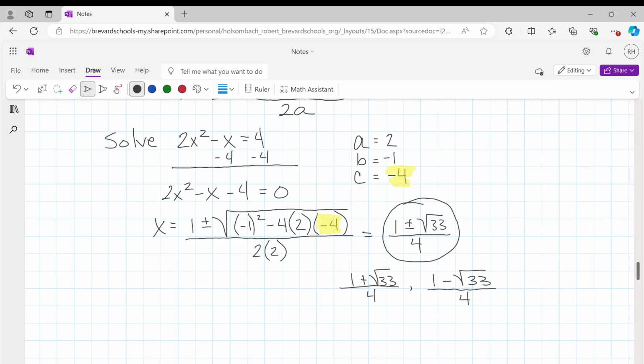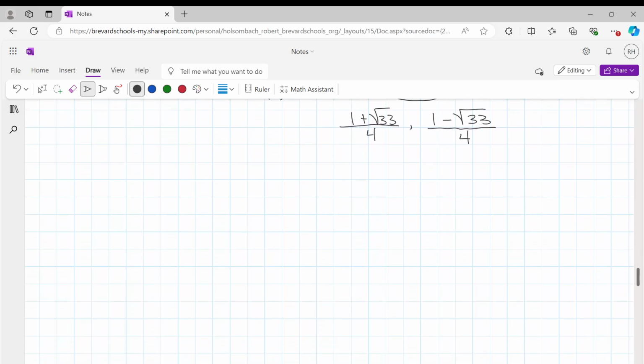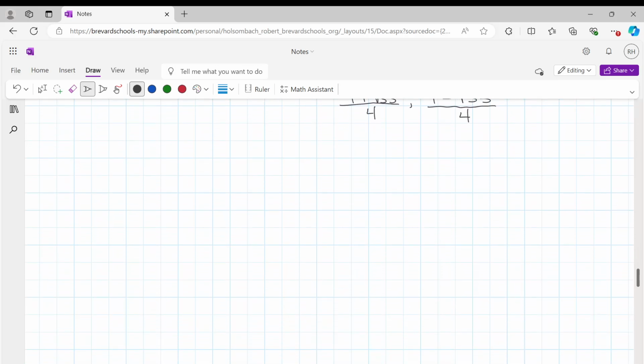All right, so let's try another one. We've got x squared plus 6x plus 9 equals 0. Our a in this case is equal to 1. b is equal to 6. c is equal to 9.